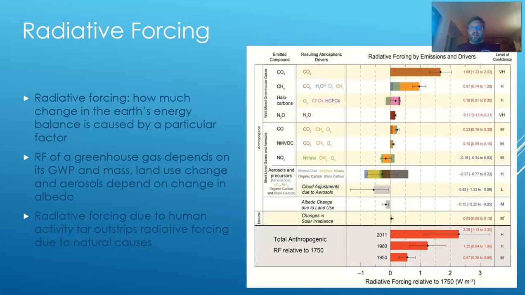So then another way to talk about these factors that are changing the Earth's energy balance and enhancing or unenhancing the greenhouse effect is in terms of radiative forcing. So radiative forcing describes how much change in the Earth's energy balance is caused by a particular factor. So how much is this thing that's happening on our Earth going to alter the Earth's energy balance?